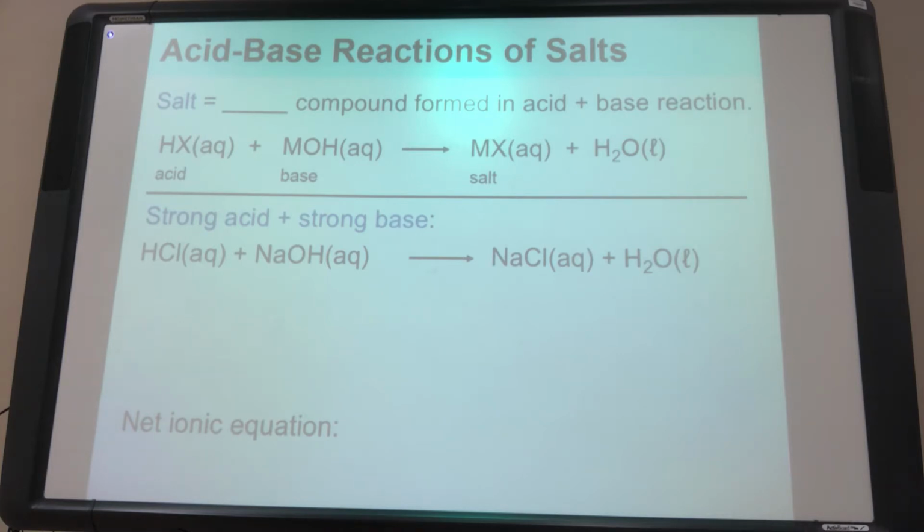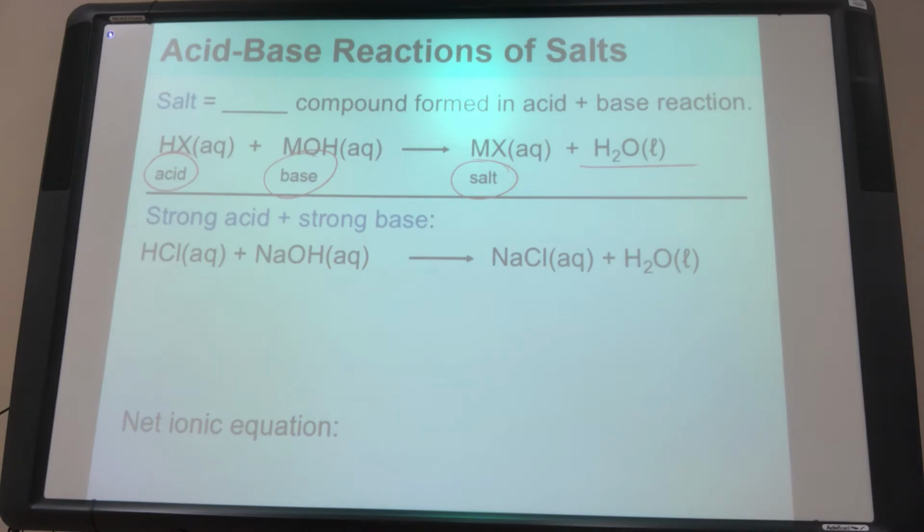So let's refresh this a little bit. When we first introduced acids and bases way back, we said if we have an acid that reacts with a base, it produces the same two things every time. It produces salt and water. Now when we said salt, remember we said it wasn't NaCl, it wasn't like the table salt, it was just a salt.